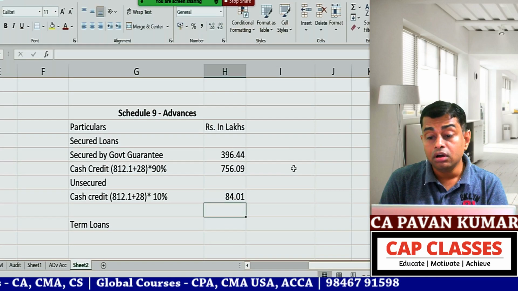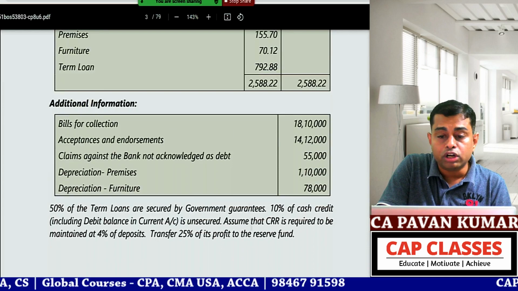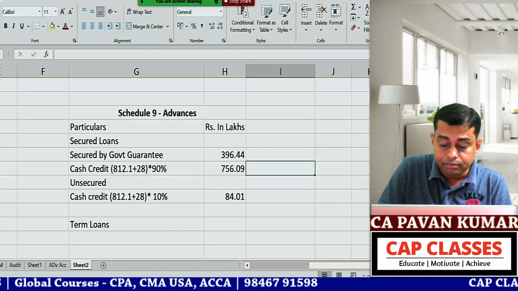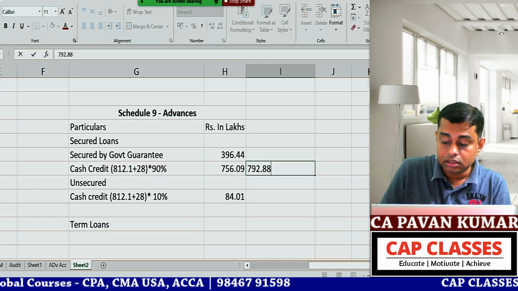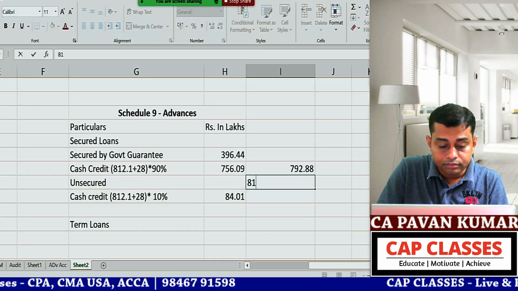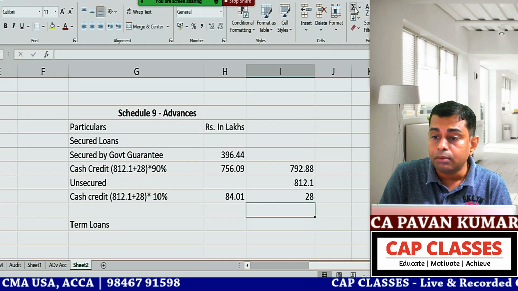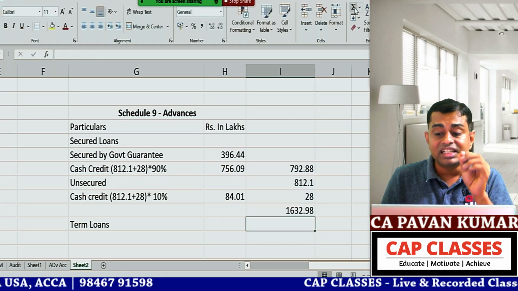Basically, from our problem, total should be 792.88. This is one number. 812.1, this is one number. 28, this is one number. So total put together should be 1632.98.